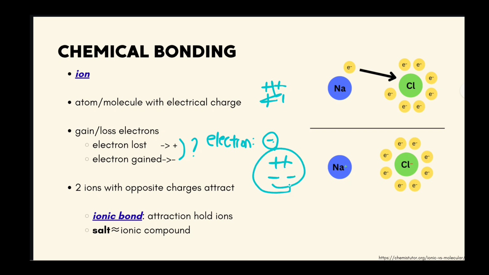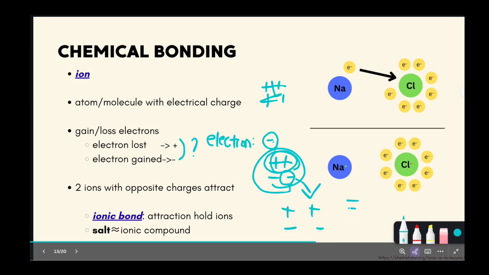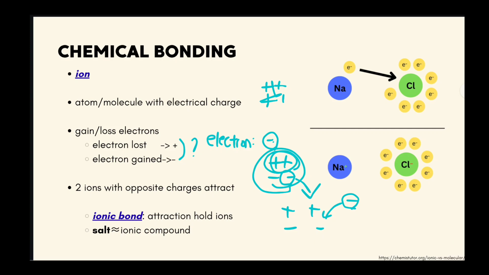If the atom is like this, it stays neutral. But when it loses an electron, it becomes positive. If it gains one electron from the outside, it becomes negatively charged because there are more electrons than protons.